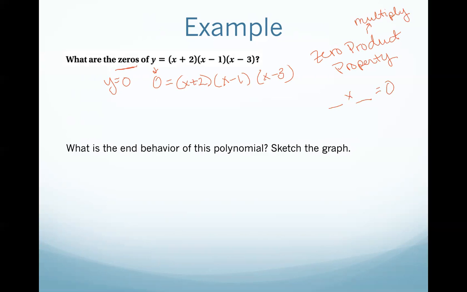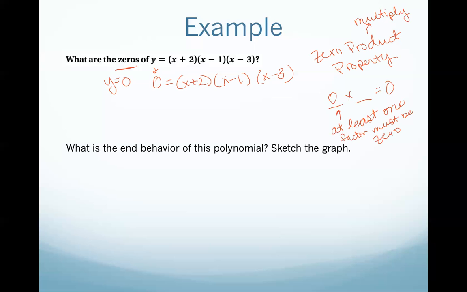I can have 0 times 7, 0 times 12, 9 times 0, 0 times 100, 0 times 0. But at least one of those numbers has to be 0. At least one factor must be 0.